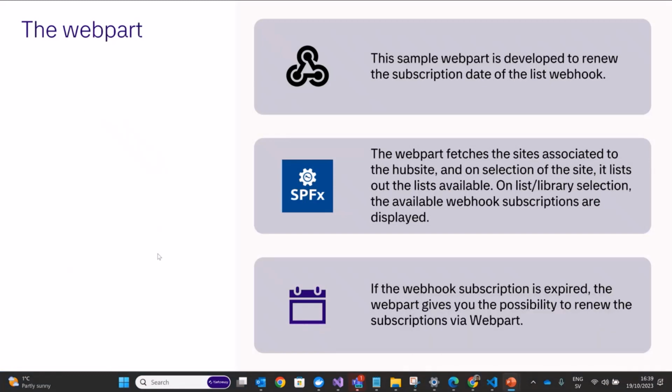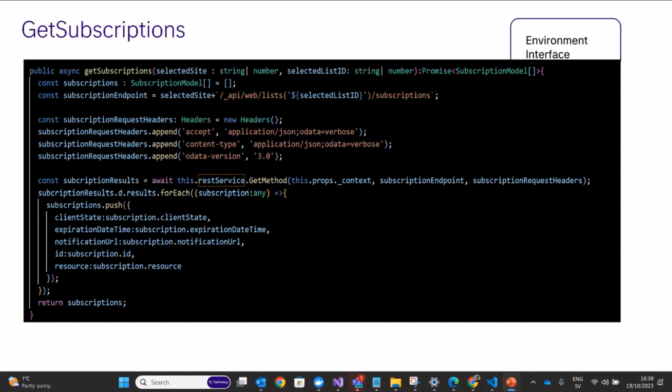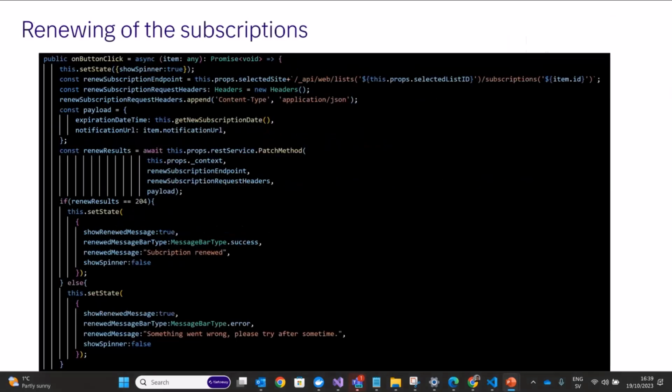I'll show you some quick code samples. Here, the get subscriptions method uses GET and fetches all the available subscriptions for that particular list. For renewing the subscriptions, I used a PATCH method and sent a payload which has the expiration date time and the notification URL.